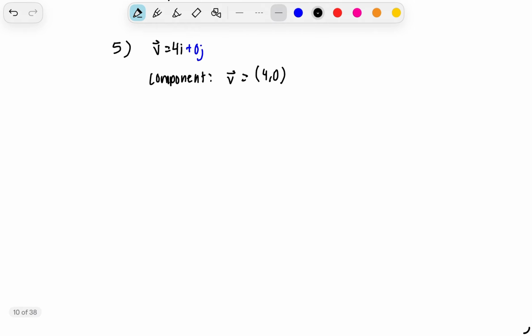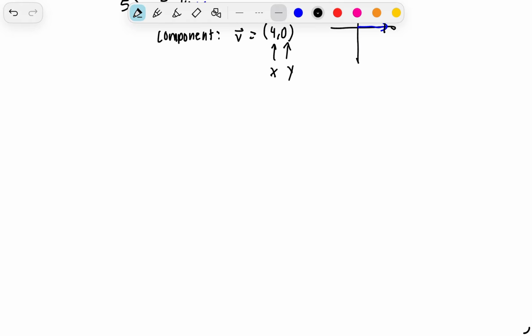So 4i means that we have 4 units in the x direction, and then we have 0 units in the y direction. So this is the same thing as plotting the point 4, 0. Or not the point, because this is a vector.